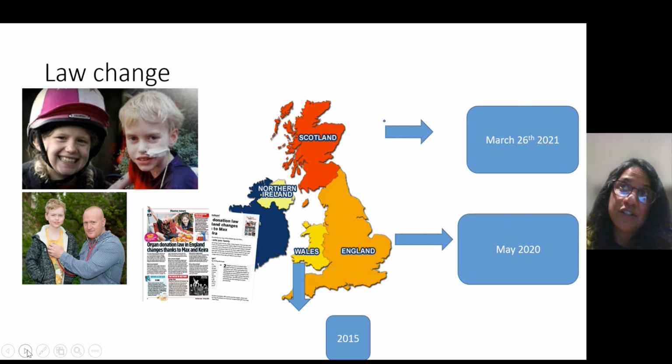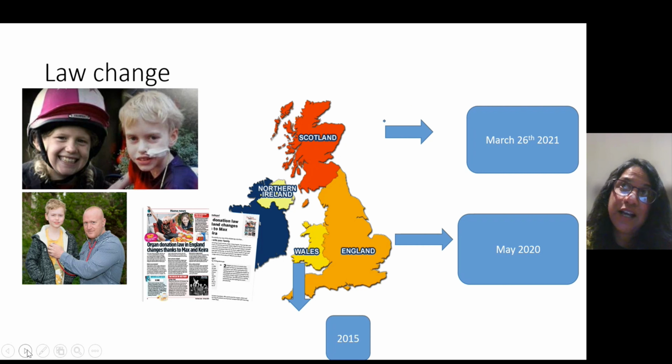He was saved by the generosity and bravery of Kira Ball's family. Kira was a young child who was in a road traffic collision, and her heart was transplanted into Max Johnson. You can see Kira's dad listening to Kira's heart within Max. Max and Kira's family tirelessly campaigned for a law change.